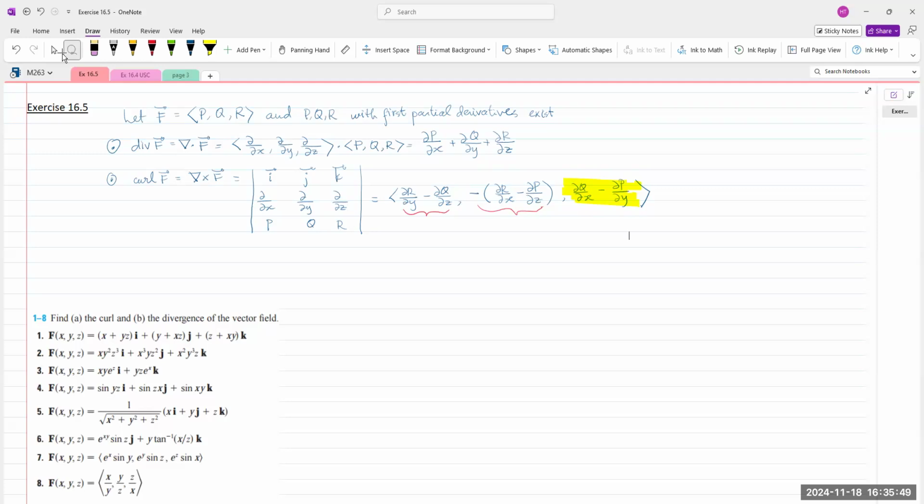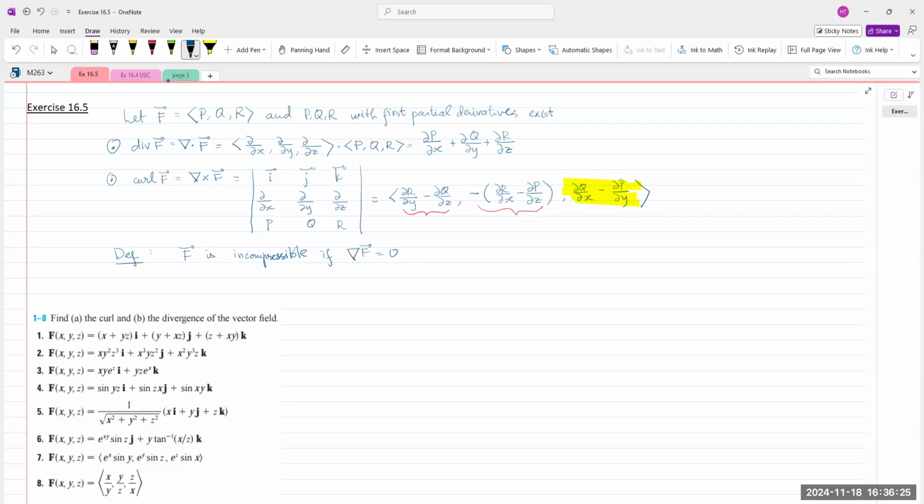Now furthermore, by definition, vector field F is incompressible if the divergence of F is 0. Basically, it doesn't expand, it doesn't compress.